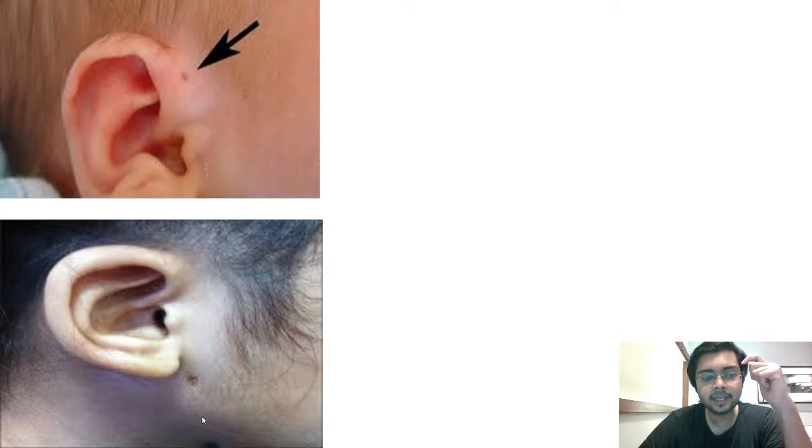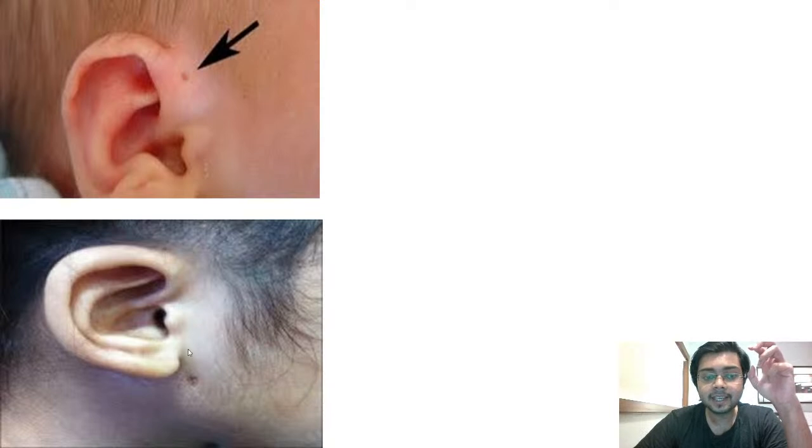But in the second picture you can see an opening somewhere below the lobule, between the angle of the mandible and below the ear. So this is something else. The first one is preauricular sinus. I know most of you know, but can you tell me what the second one is?